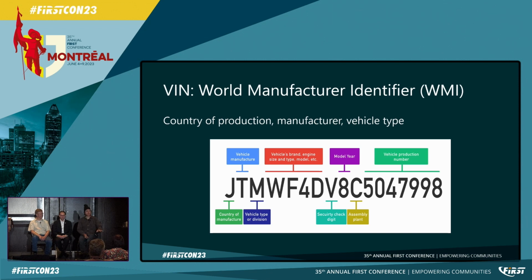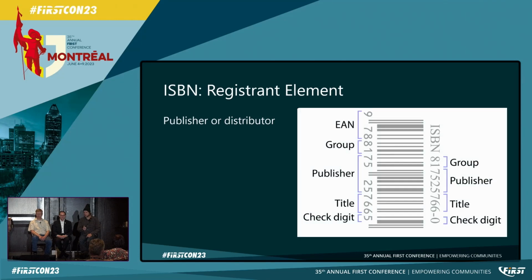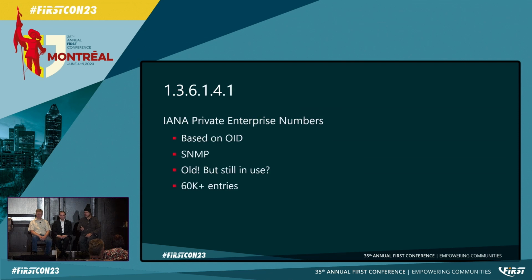I couldn't get a straight answer off the internet, but somewhere in there is manufacturer. ISBN's a little messy too. They have publisher or distributor usually in there, so it's not quite supplier, but pretty close. Author is not in there, but whoever's fronting for the author is the supplier, and there's code in ISBN for this.